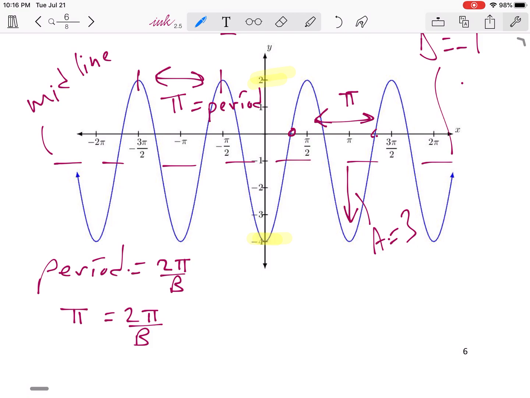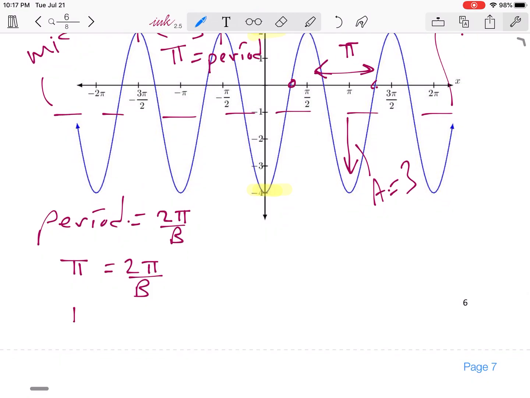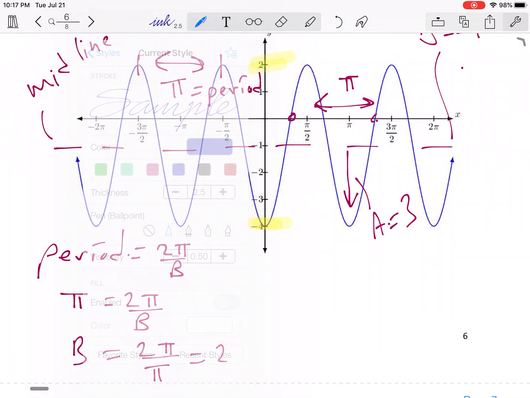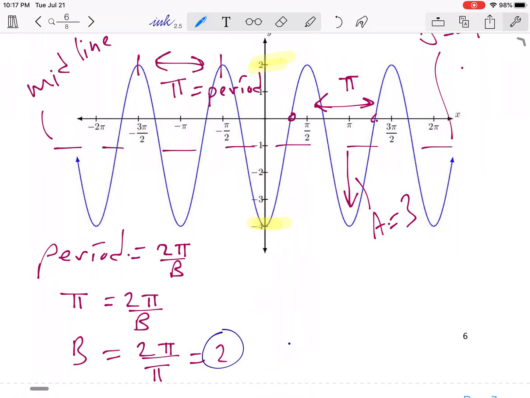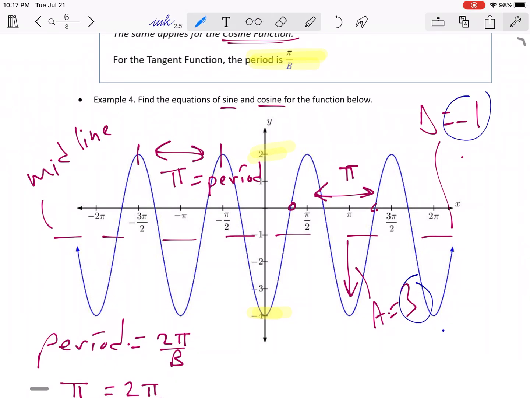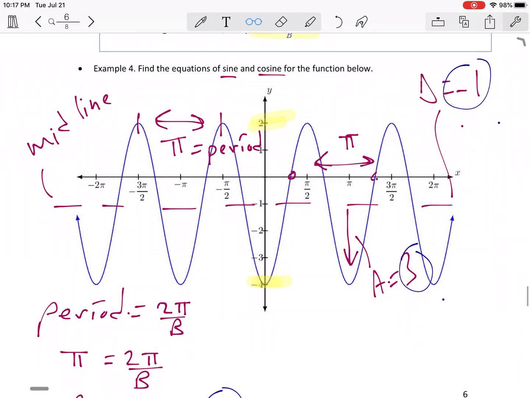What that tells you is b is equal to 2 pi divided by pi, which is just going to equal 2. So if we look at what we have here, we've got b, we've got a, and we've got d. So we have 3 of the 4 letters in that equation.